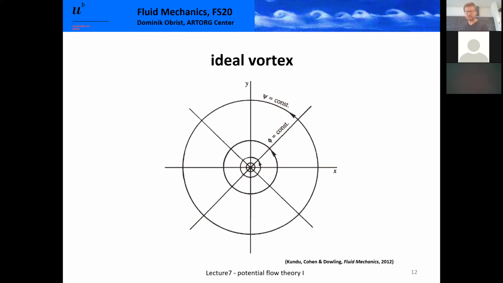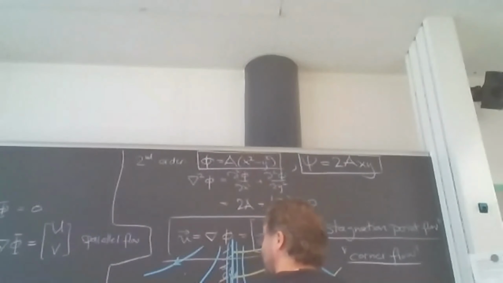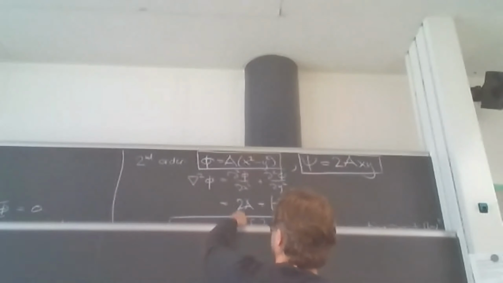So let me write down what the potential function of this flow actually is. Start with the second blackboard. And we're going to move over to the other side.